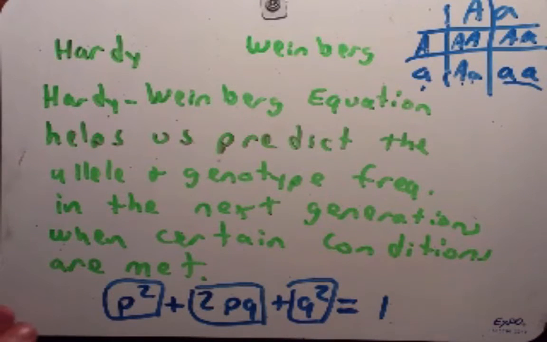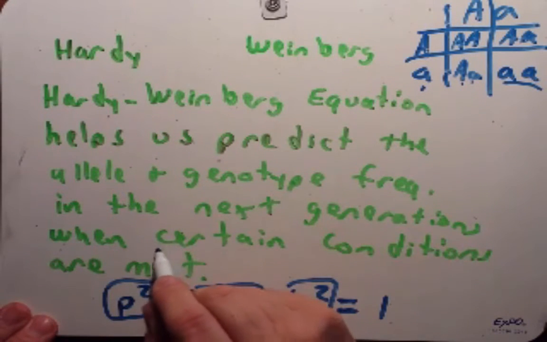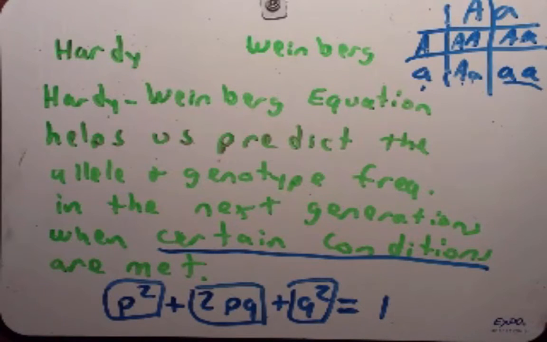But the only way we can make this prediction is if these certain conditions that I vaguely mentioned here are met. In fact, we know that if these certain conditions are met, the frequency of alleles and genotypes should not change in that population. But let's talk about what these conditions are before we move forward.